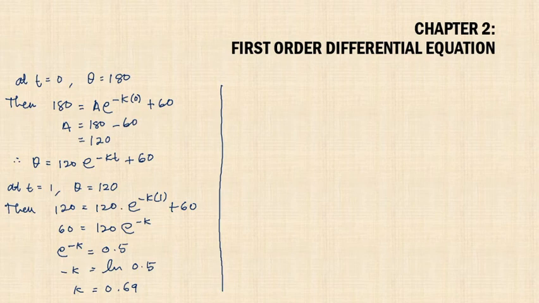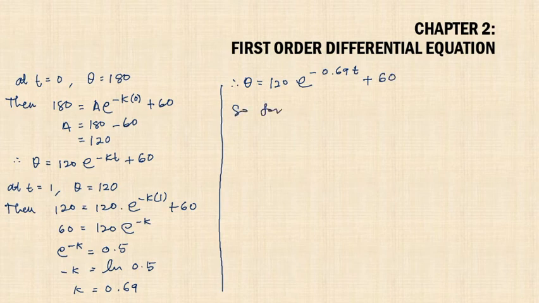Then by substituting the value of k, we have theta as 120 e power of negative 0.69 t plus the ambient temperature 60.